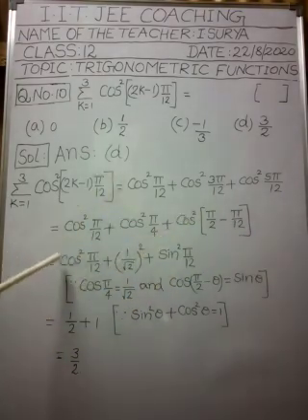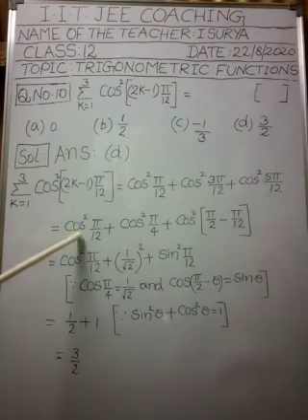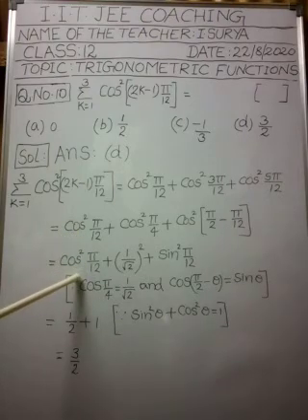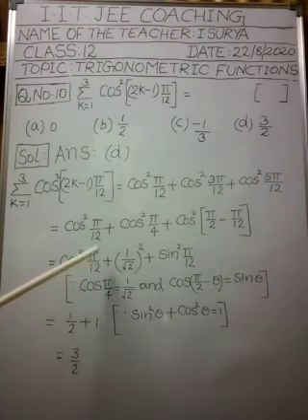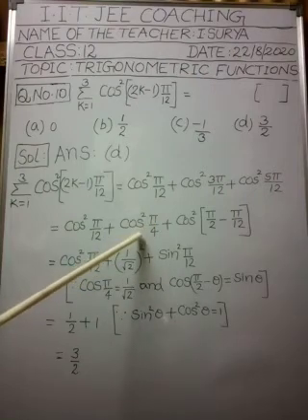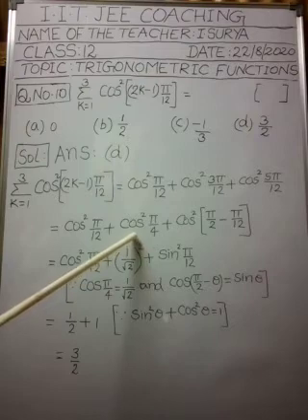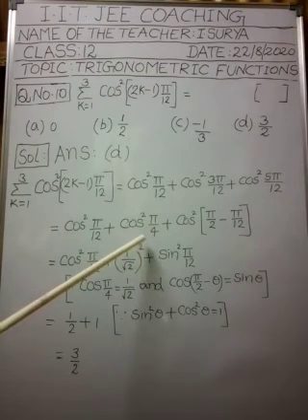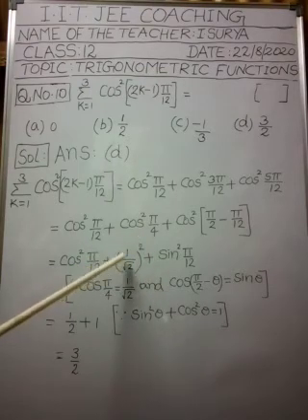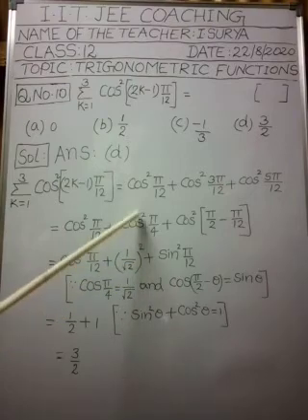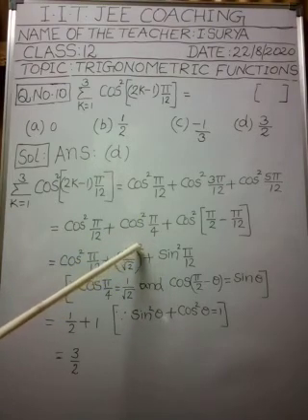Right. Now come to the next step. We wrote first term as it is, that is cos square pi by 12 plus cos square pi by 4. What is the value of cos pi by 4? What is meant by cos pi by 4? Cos 45 degrees. What is the value of cos 45 degrees? 1 by root 2. So 1 by root 2 whole square is there. We wrote square also.